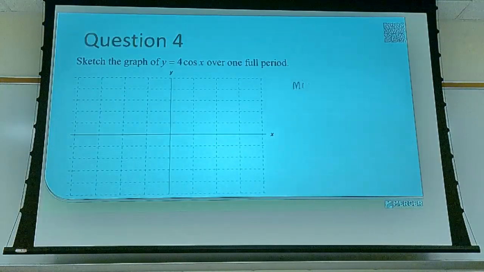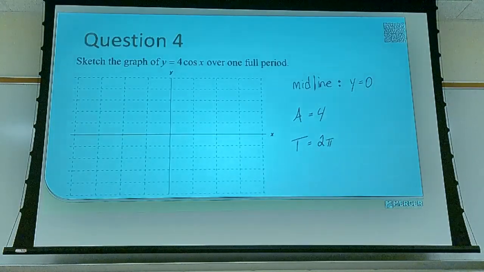Four times cosine. Midline y equals 0. Amplitude is 4, period is 2 pi. I want to be balanced.